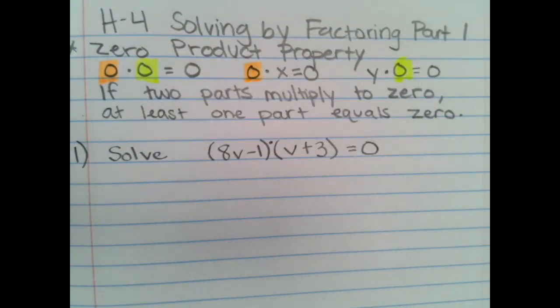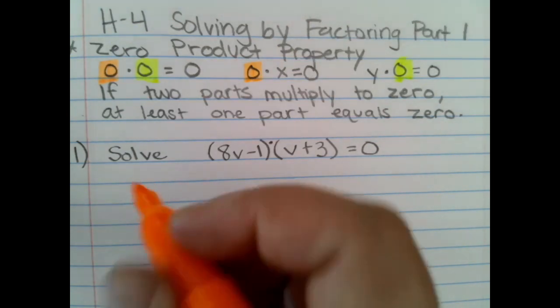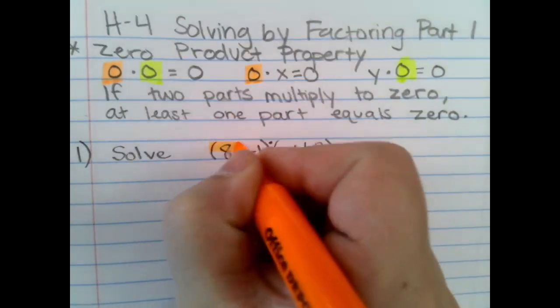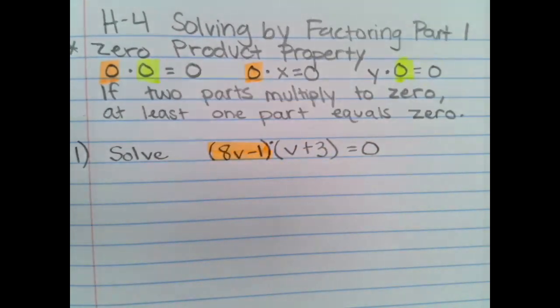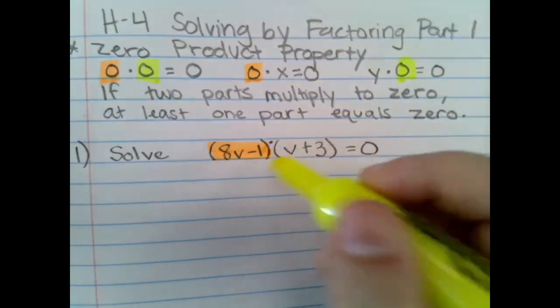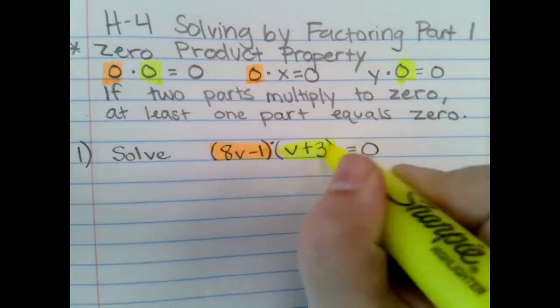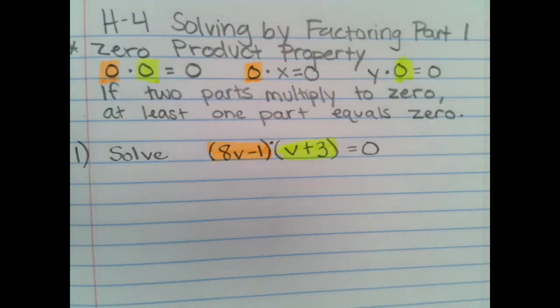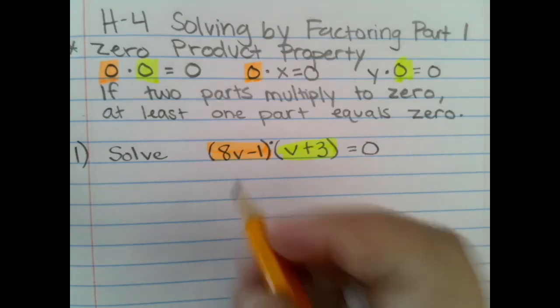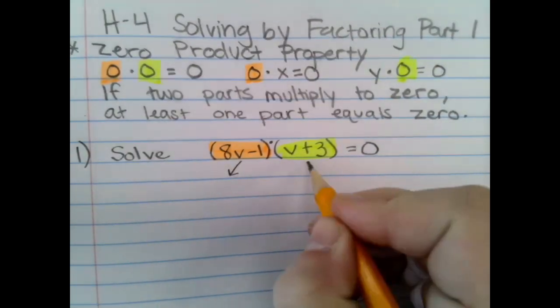And if I have two parts that multiply to 0, what does that tell me? Either the first part is 0 or the second part is 0. Good. All right, so we're going to break this up into two equations.